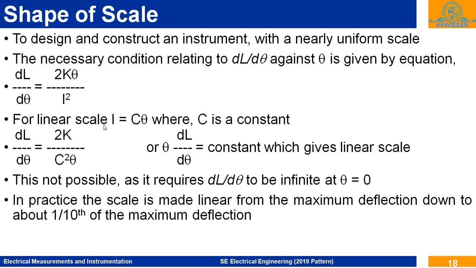For a linear scale, I is equal to c theta, where c is a constant, and this I is replaced by this theta. So dL by d theta is equal to 2k theta upon c square theta square. The theta square and this theta will get cancelled, so 2k upon c square theta, and theta multiplied by dL by d theta is equal to a constant, which gives the linear scale.